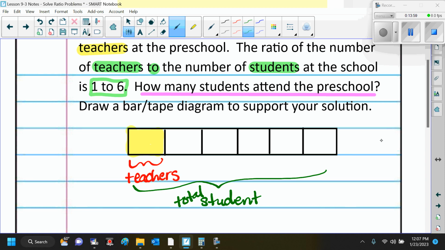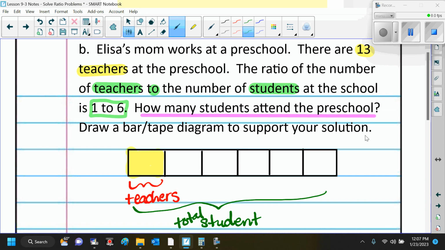Now, it says there are 13 teachers at the school. So in this box we have 13. Is everybody clear? So in all the rest of the boxes we have 13. Very good. We have 13 in each of those boxes.